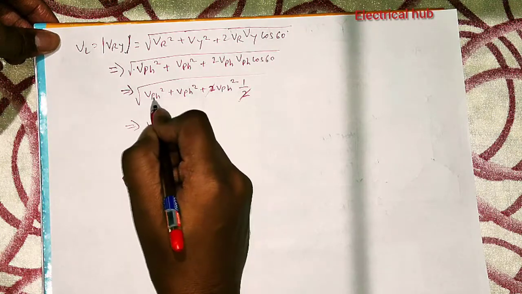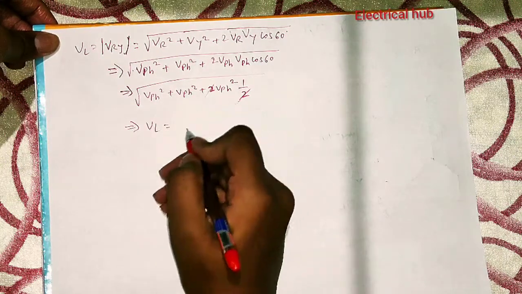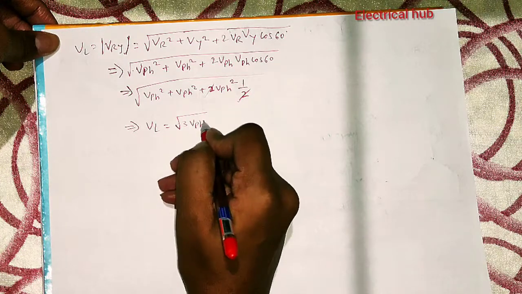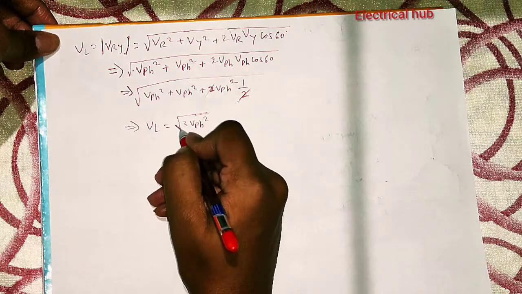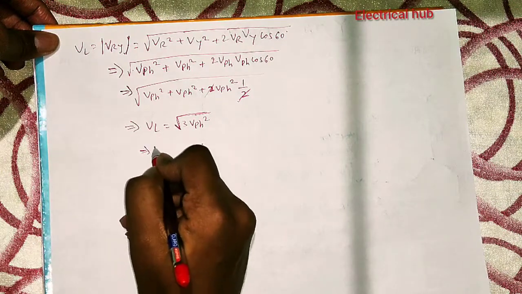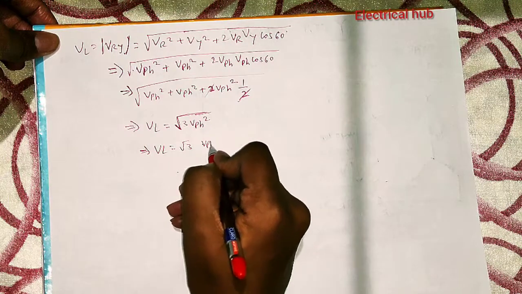Then the required equation will be VL equal to, there is one VPH square, another VPH square, and another VPH square, which will become root 3 VPH square. And if we take out the square root, then it will become VL equal to root 3 VPH.